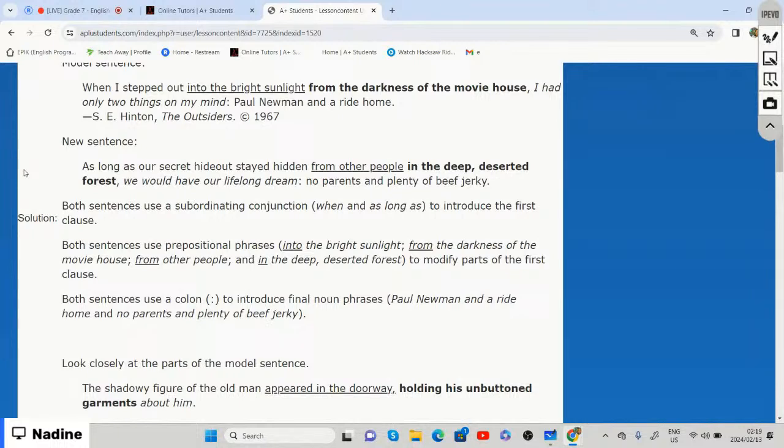For example, both of our sentences use prepositional phrases, such as into the bright sunlight, from the darkness of the movie house, from other people, as well as in the deep, deserted forest, to modify parts of the first clause.